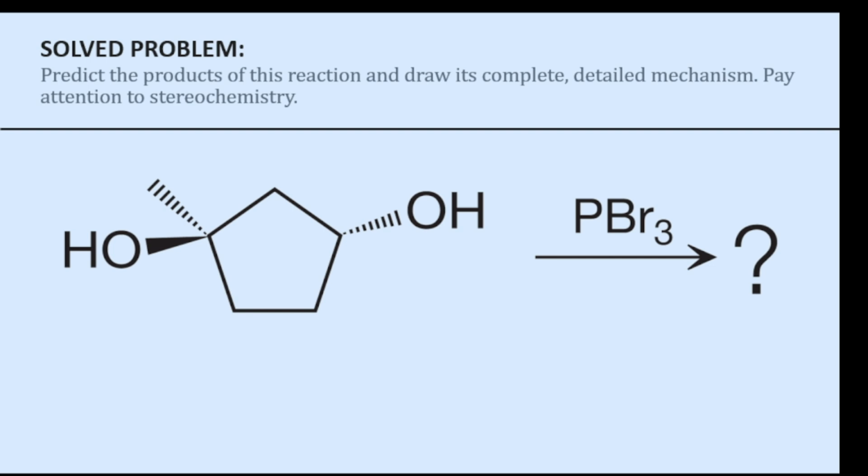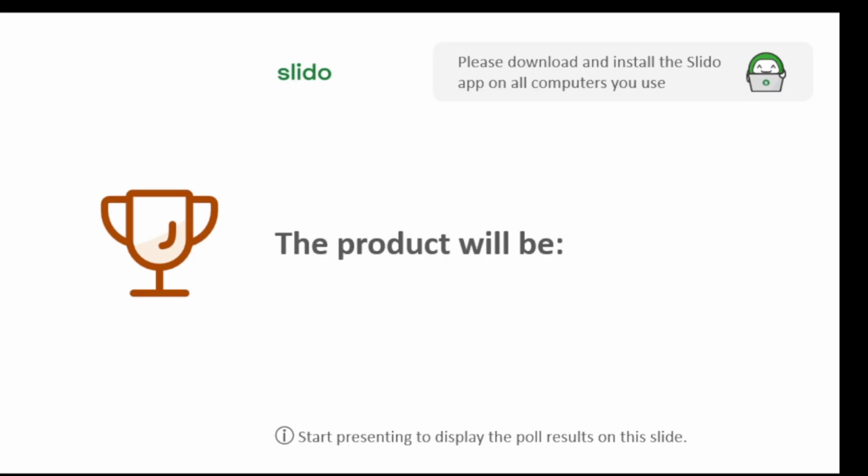I'm gonna start moving on. So what will that product be? Oh, wow. Oh, we won't actually be able to do the Slido. Sorry. Yeah, Slido crashed on my computer. I need to figure out what's going on with that program.